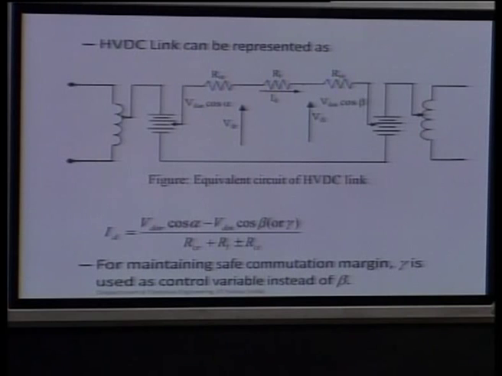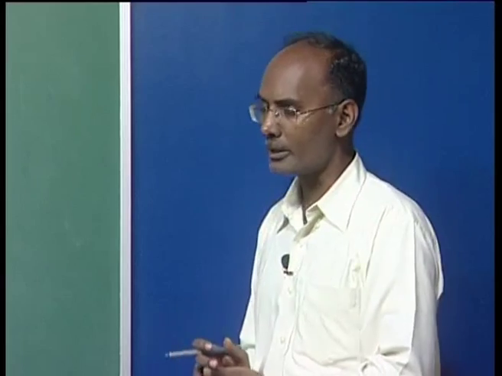To see the impact of the voltage variation on both ends, rectifier end or inverter end, the voltage may increase, voltage may decrease, and normally the voltage increase is not very high because these are very extra high voltage buses. Normally the voltage is not more than 5%, but the decrease may be anything due to a fault, etc.